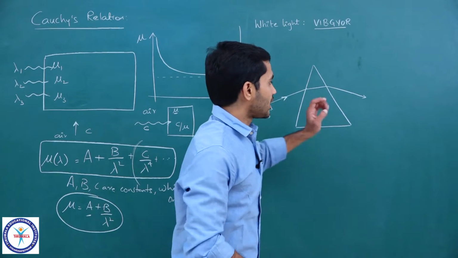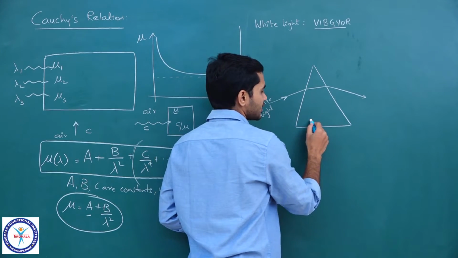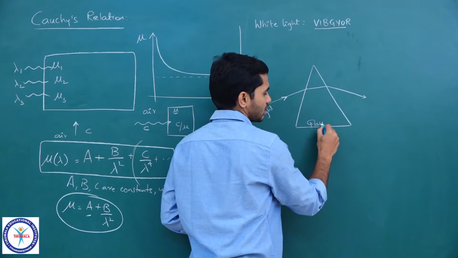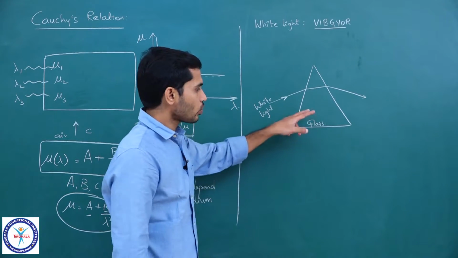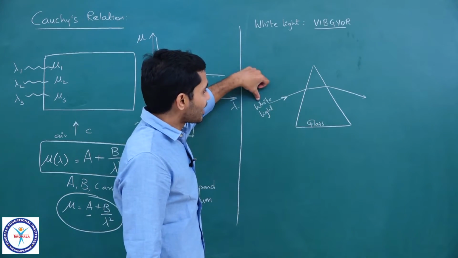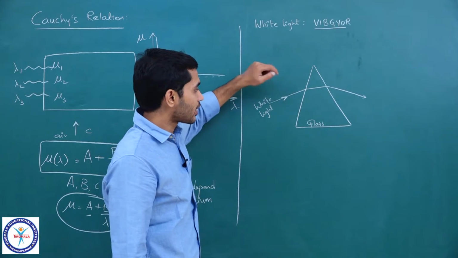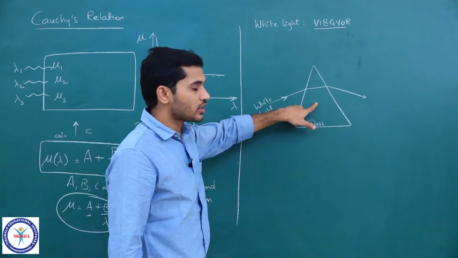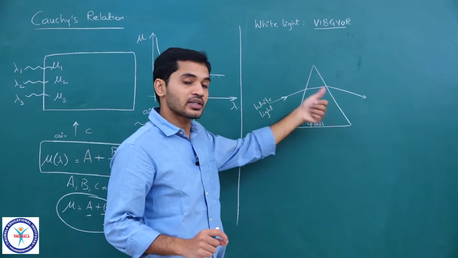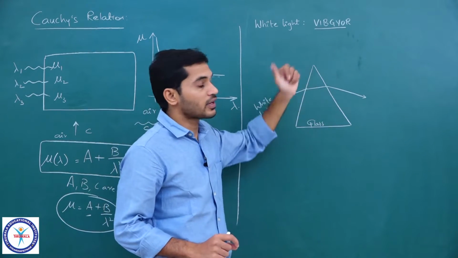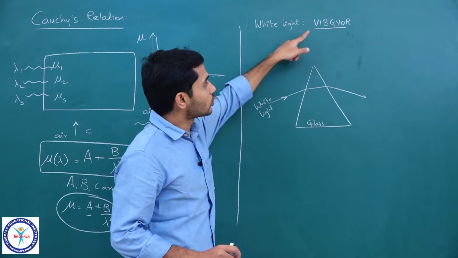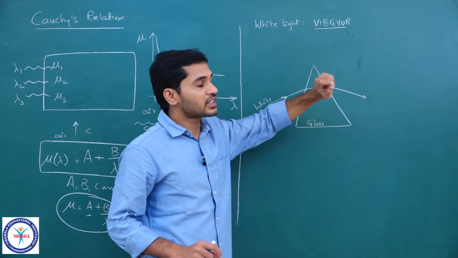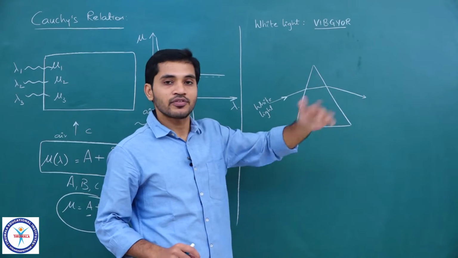So, as I told you, for example, if I consider that this is glass, which is usually what a prism is made of. When white light is incident on a prism, now observe carefully. This contains different wavelengths and this medium offers different refractive indices for different wavelengths. So, out of these VIBGYOR, each and every one of them will deviate by different angles.